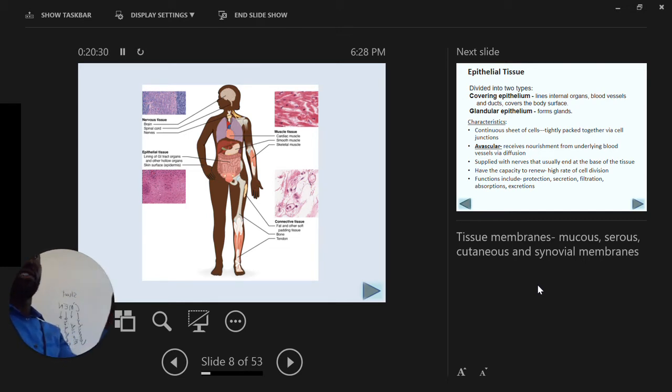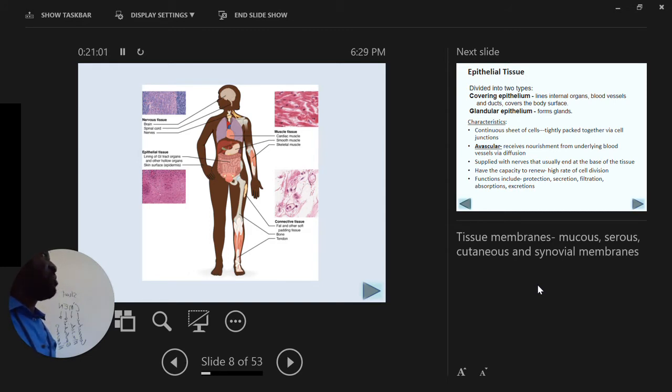When we talked about membranes, the serous membrane on the viscera, did you remember? They are epithelial tissues. So epithelial tissues do the outer covering, which is the skin, and they also cover organs. All the membranes on the organs are mostly epithelial tissues.